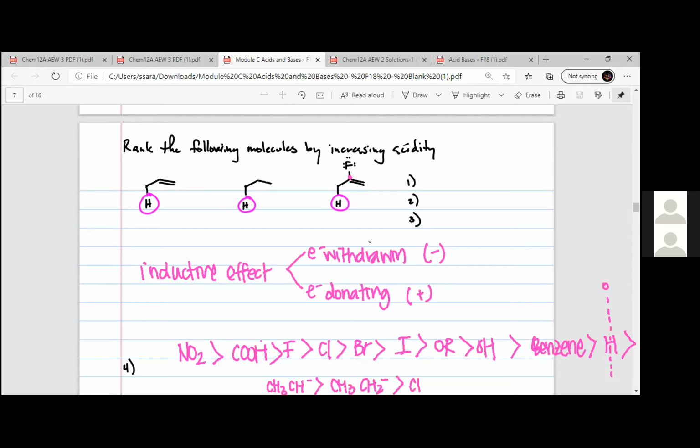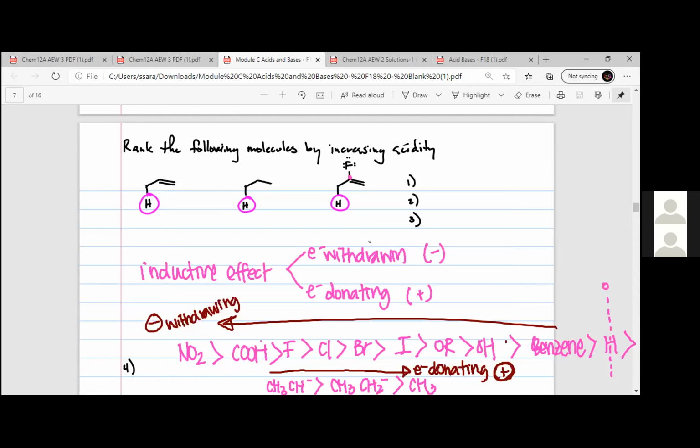So as you go more in this direction, we call these electron withdrawing, and as you go towards these, they become electron donating. I like the positive effect. That's all you need to know. There's nothing else to this.